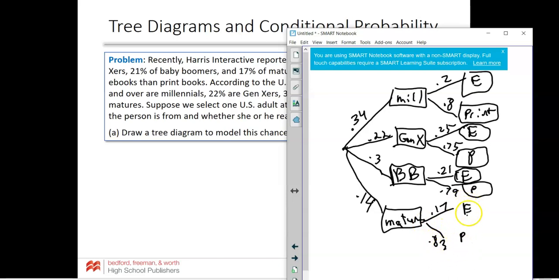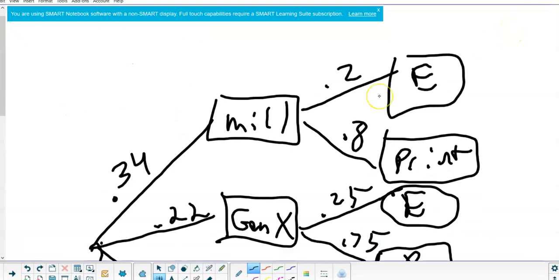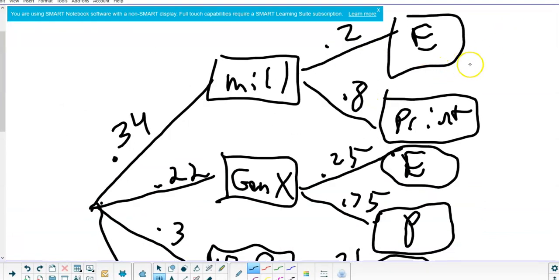Okay, the thing that I want to show you that they didn't do, but I think you should do here, is the last step, which is to summarize.